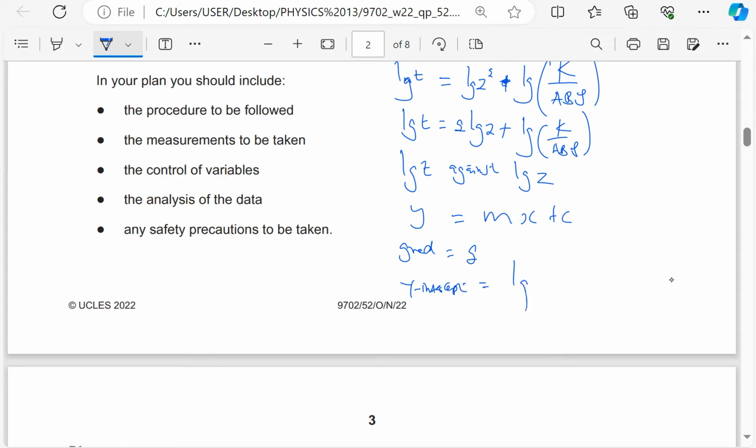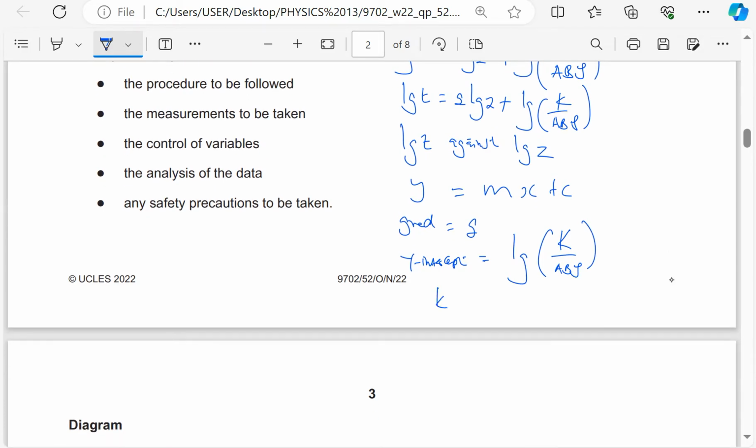The y-intercept is going to be the log of K over A B rho, which means if I want K, I must first of all find 10 to the power of the y-intercept, that is the antilog, then times A B rho. Or you could find e to the power of the y-intercept, that is if you introduced ln, because ln is natural log.